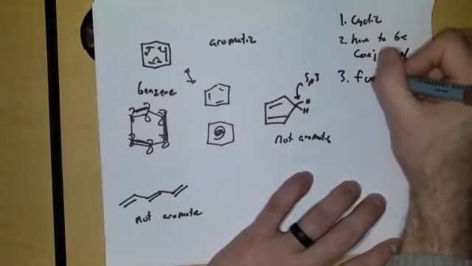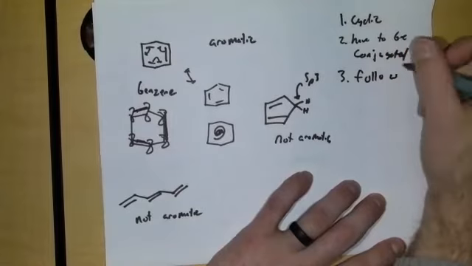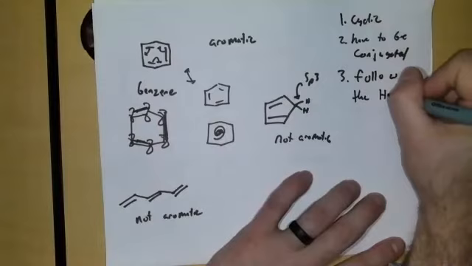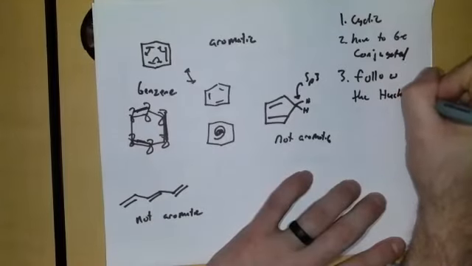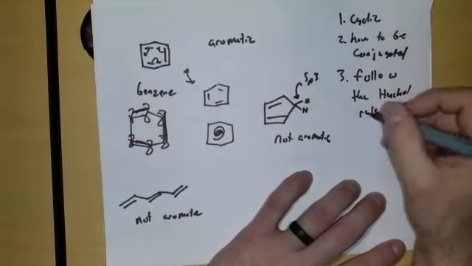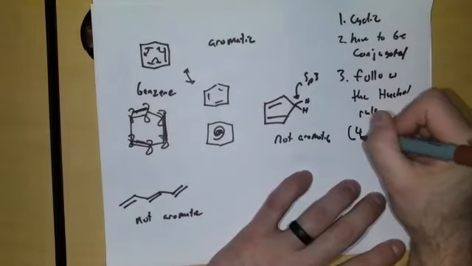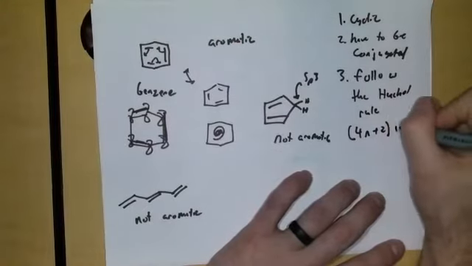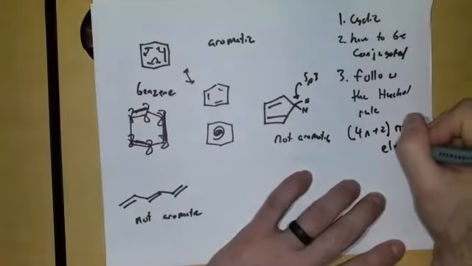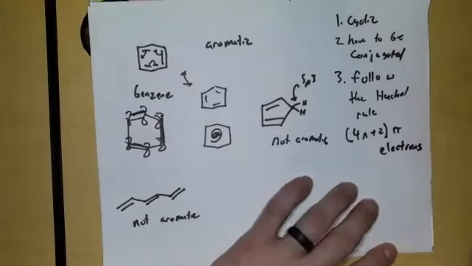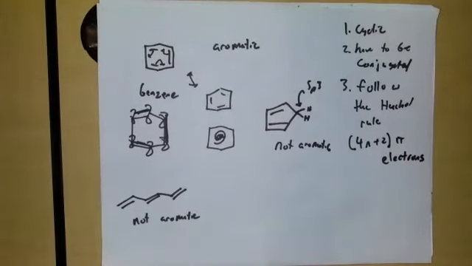For it to be aromatic, it has to follow what's called the Huckel rule, where your pi electrons are equal to 4n plus 2. And I'll go over what that means in a second.